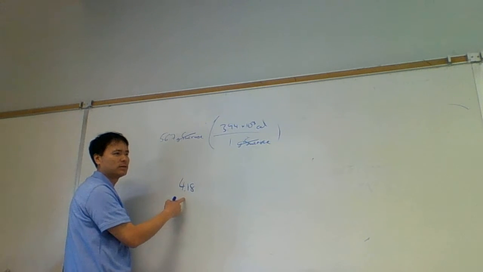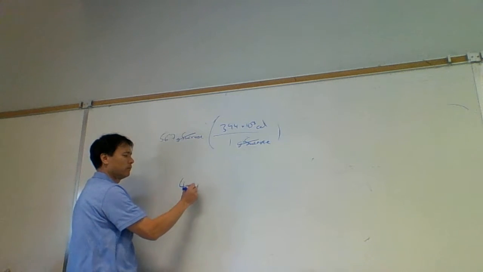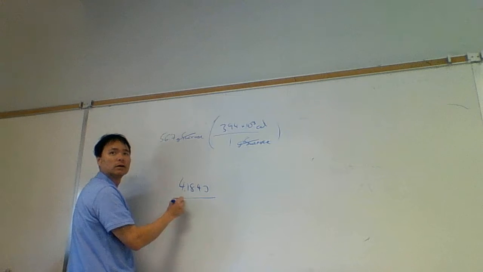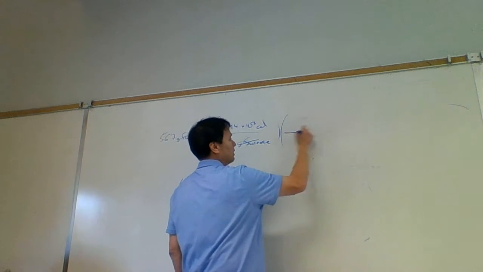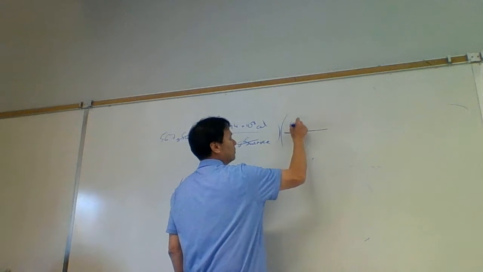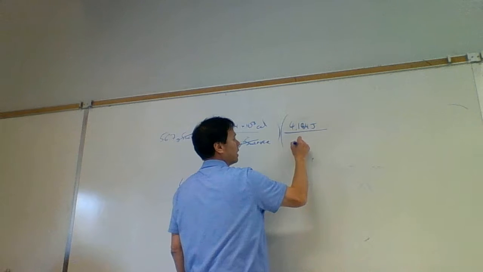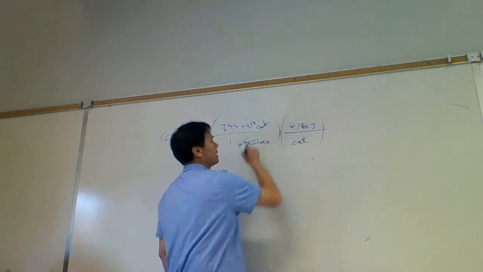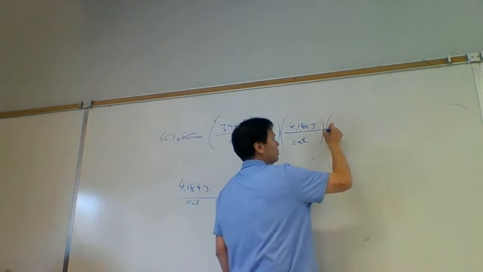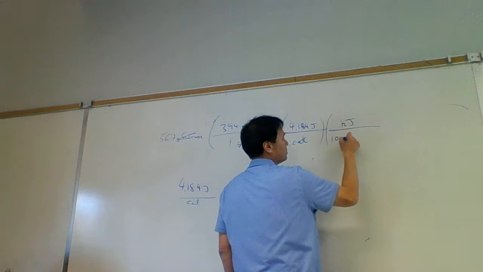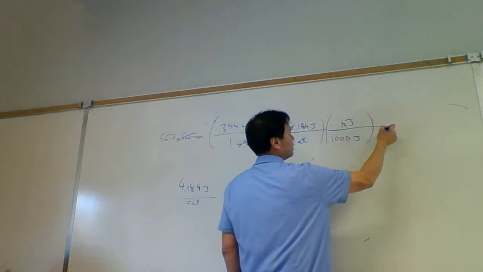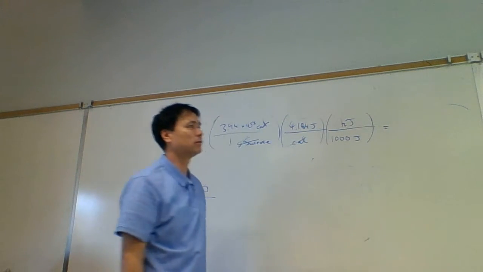Does the book do this to 3 sig figs or 4 sig figs? 4.184 joules per calorie. So we get rid of calories and convert to joules, 4.184 joules per calorie. The calories cancel. And then we'll go to kilojoules. 1 kilojoule is equivalent to 1,000 joules. And so this should do it for us.